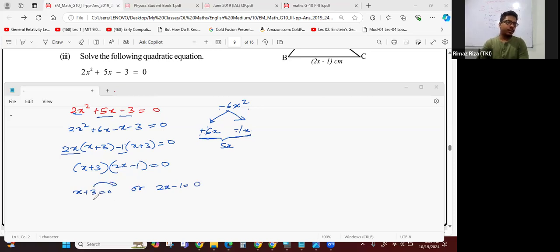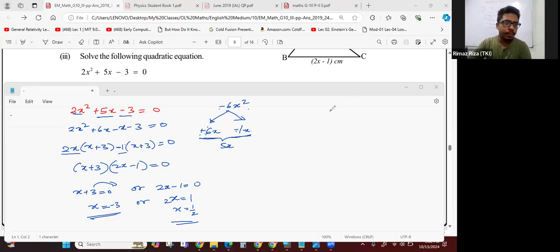If you take this to the other side, it becomes minus 3. Therefore, x equals minus 3 or x equals, so 2x equals minus 1 goes to the other side, so x equals 1 over 2, 2 goes to that side and becomes division. So x equals minus 3 or x equals half. I hope it is clear to everyone.